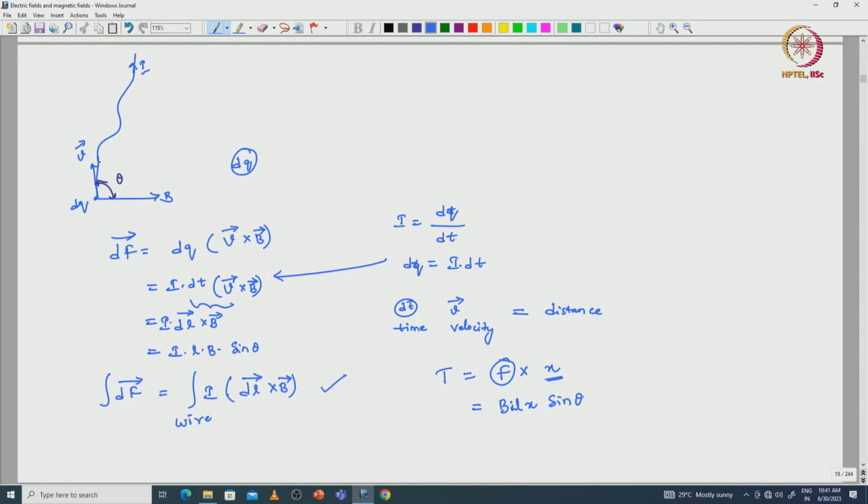Here theta is the angle between the B fields and the charge velocity, as we can see here. This is the final torque equation. Torque is in Newton meter and force units are Newton.